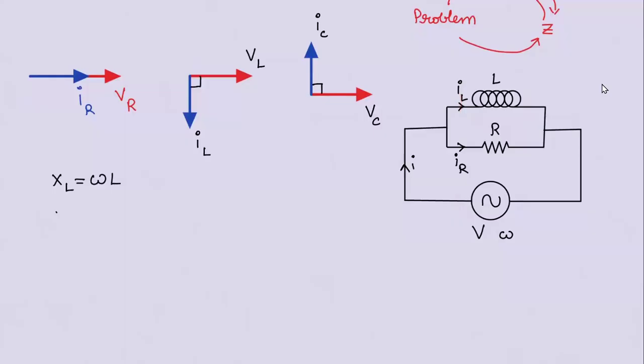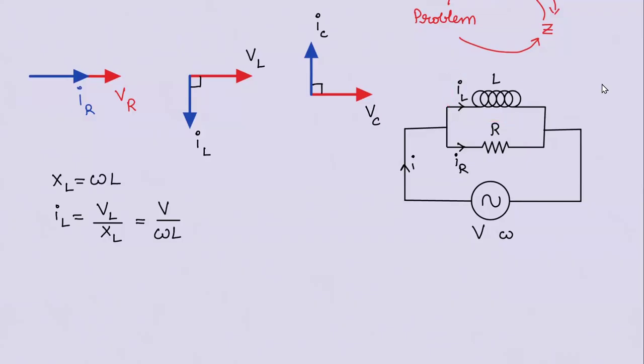So current in the inductor is equal to voltage across the inductor by reactance, impedance, you can take anything. That is equal to voltage across the inductor V by XL, omega L. Remember, in this problem this V remains same because across this, V will be same. Good. I got IL. That means how much current is passing through this.